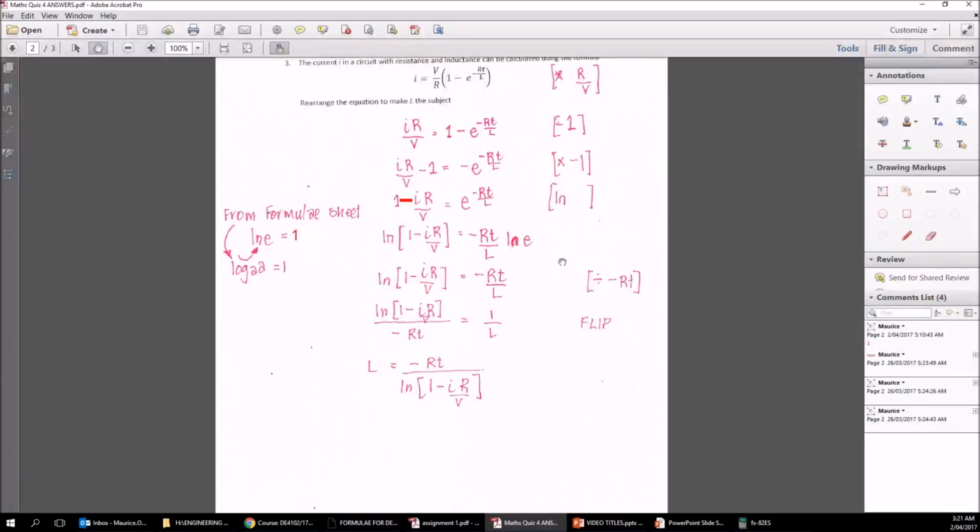So we can effectively just get rid of that. Okay, and so what we end up with then is ln of 1 minus IR over V equals negative Rt over L. Now L is what we're looking for. This is the key point in here.